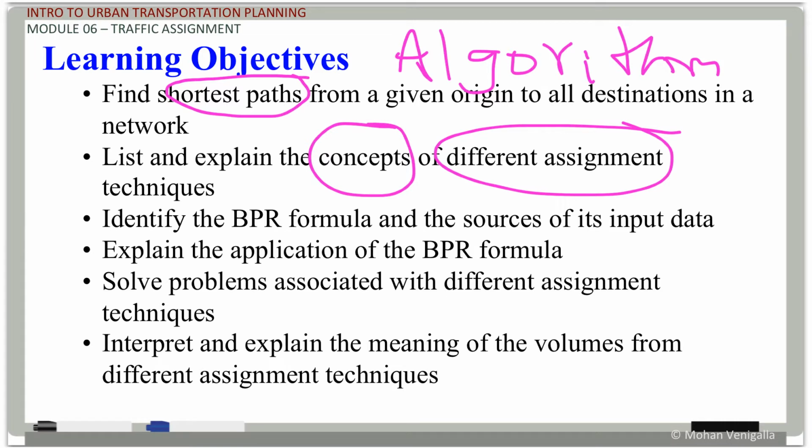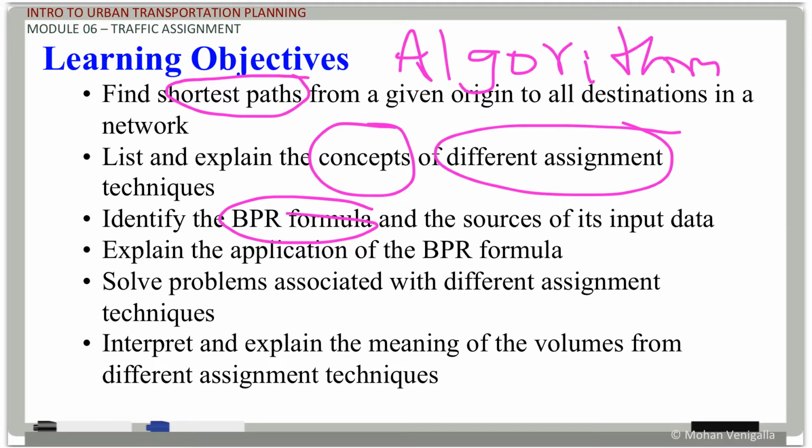When you take that into account, that is called capacity restraint. The fundamental building block of that is the speed-flow relationship, and that is essentially the BPR formula. The BPR formula is a very popular speed-flow relationship which is used in traffic assignment. You're going to learn a little bit about that.